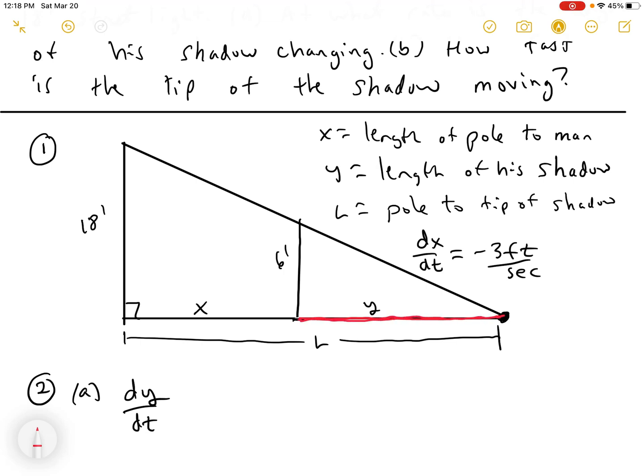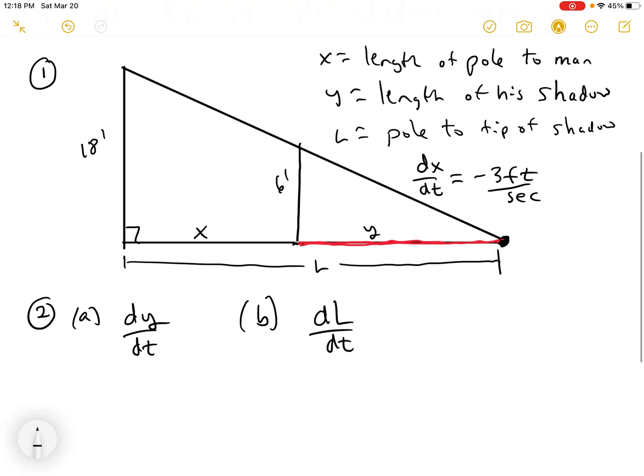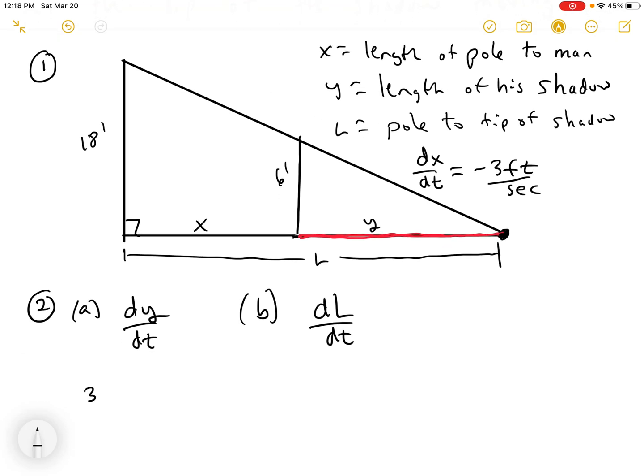So y is the length of the shadow, and it's changing at dy dt. And then B, how fast is the tip moving? That's dl dt.